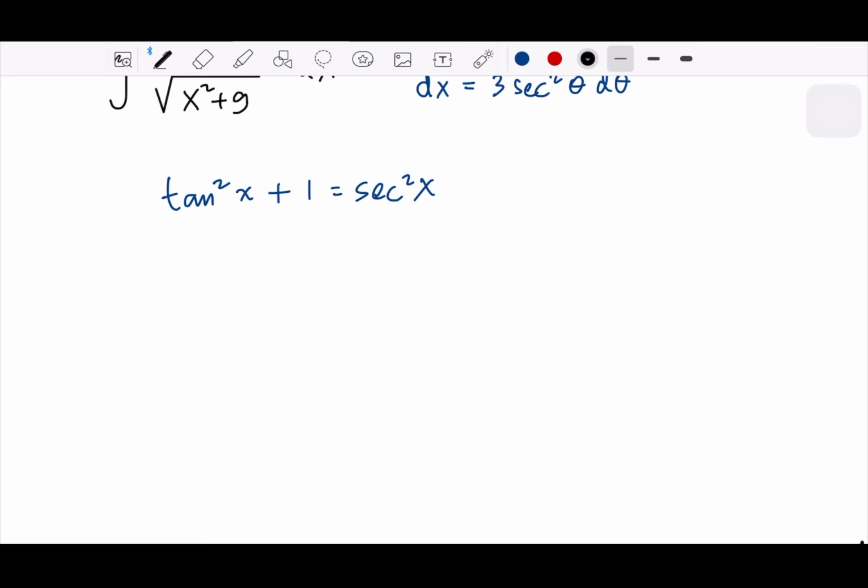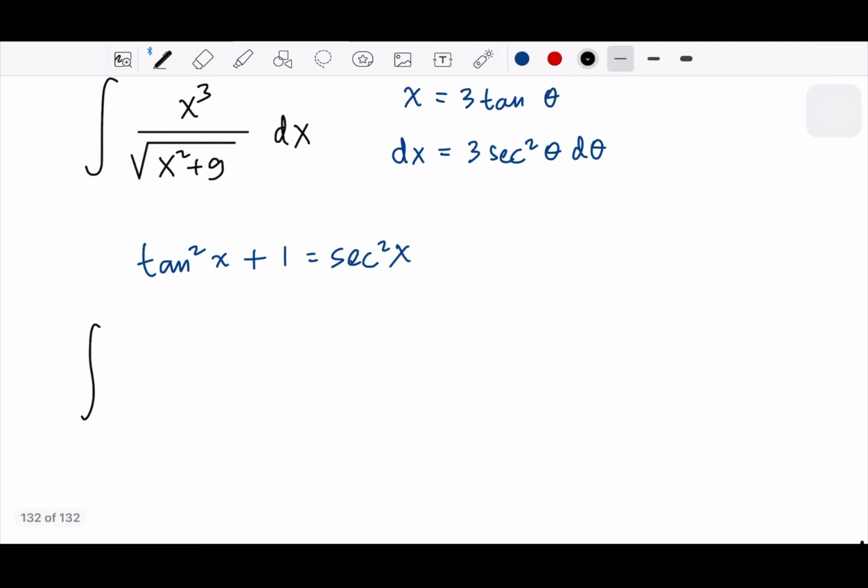Okay, so if we take this, then we have this substitution. And then the dx will be 3 secant squared theta d theta.